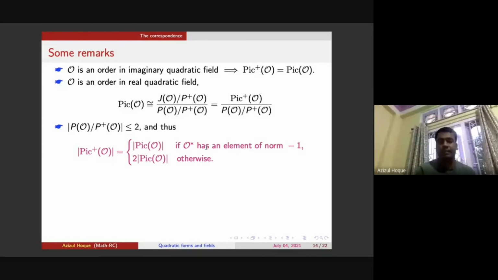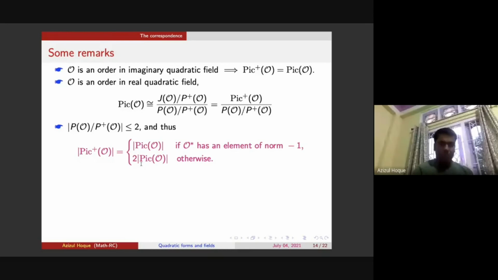So you can make that connection, and so in that case this will be 1. If this is 1, then the number of elements here is equal to the number of elements here. Otherwise you will get this one.